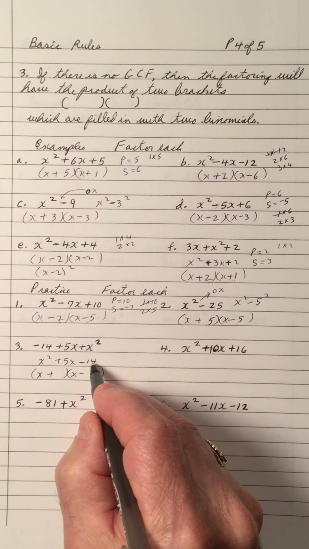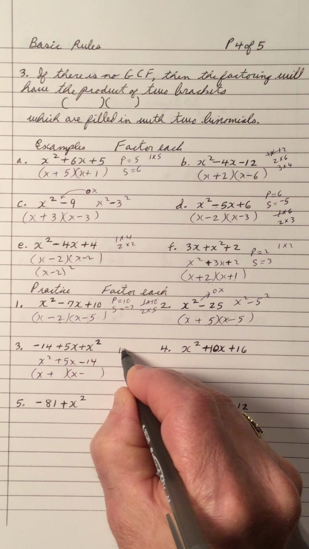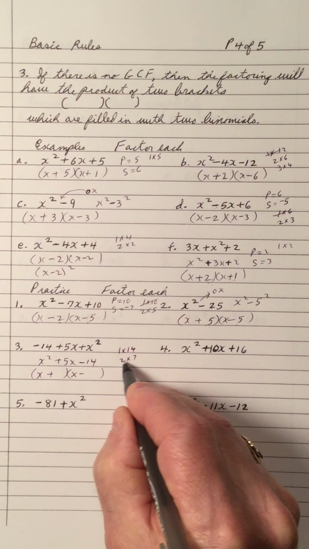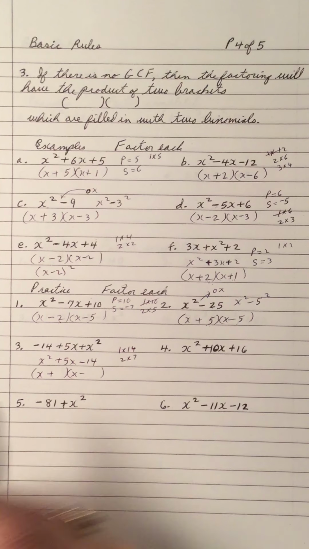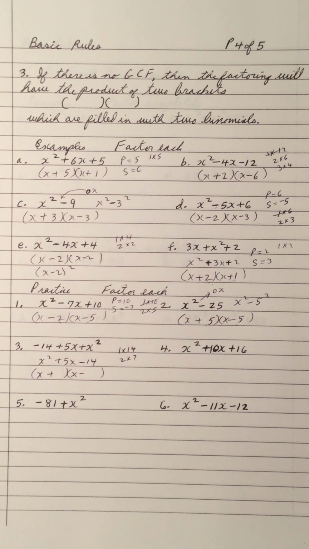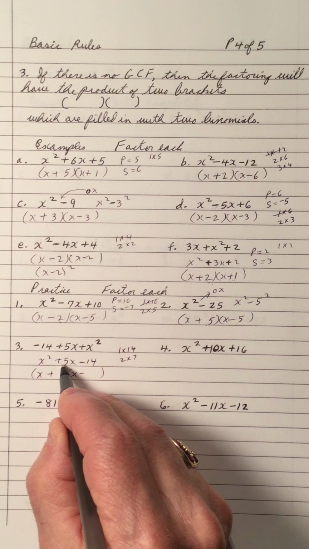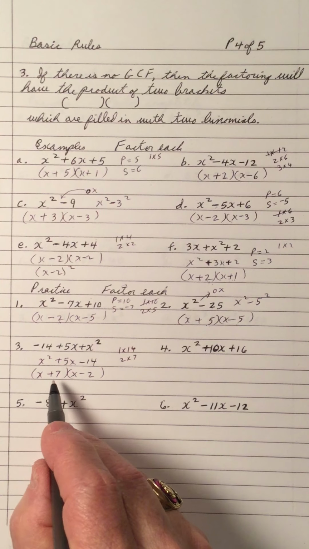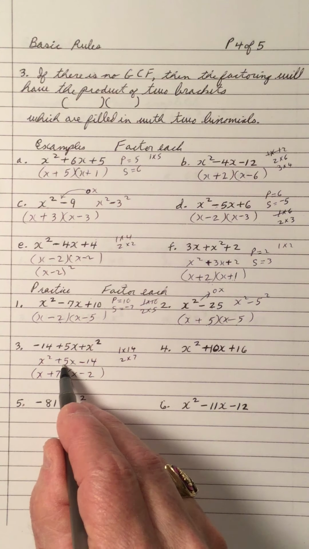And the factors of 14 to give me a 5. Well, let's see. 14 is 1 times 14 and 2 times 7. So 2 and 7 differ. Notice the signs are different, so the factors differ. So 2 and 7. Where does the 2 go and the 7 go? Well, the larger number is going to be positive. So we've got +7, -2. Again, multiply to -14 and add those two to get 5.